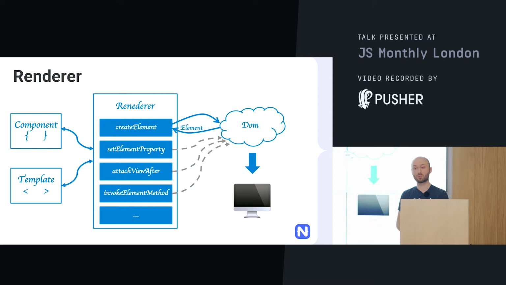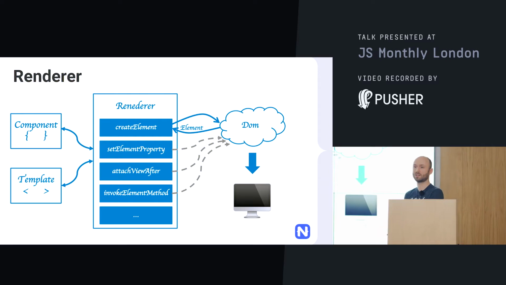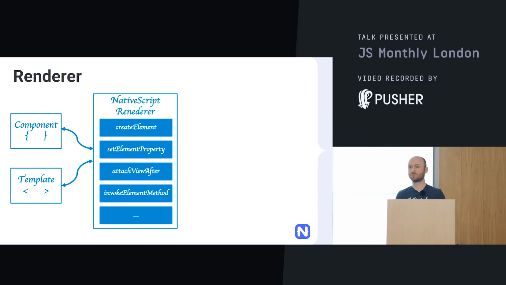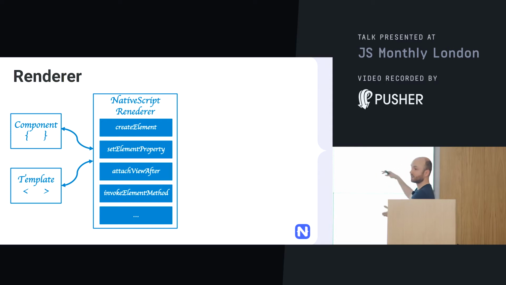But this was the opportunity for us at the NativeScript team to say, wait a moment, what if we take this renderer and just replace it with our own renderer? At the time when what some people call Angular 2 came out, we said this is actually a perfect match for us. We already had a renderer that was working on iOS and Android.